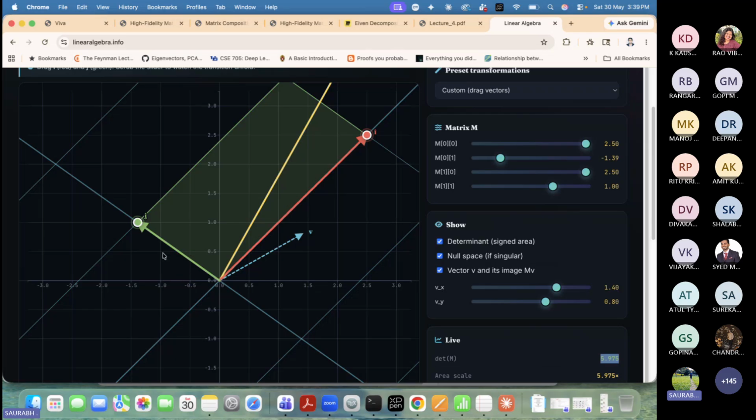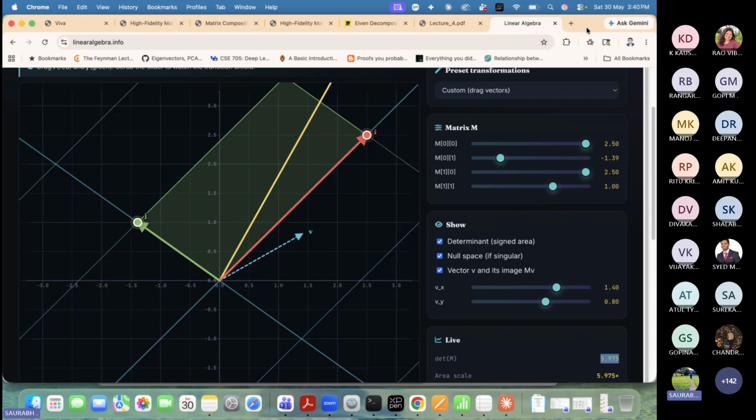Now the area can go up to 5 only when the entire figure that you see in grid lines is getting expanded, and that's why the determinant is positive or a very large value, right? So this is the intuition that you need to get.